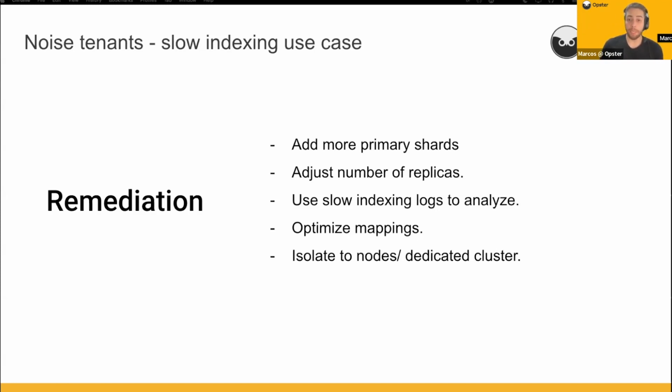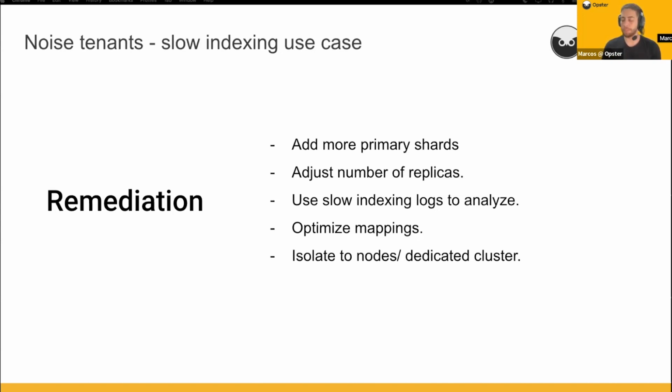Adjust the number of replicas is another remediation. Replica shards are for data failover, and they can also increase the throughput per second for search use cases when you have hardware for that. And it also helps you decrease the latency when you have more replica shards.